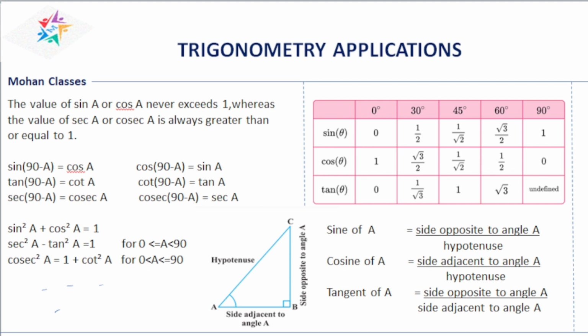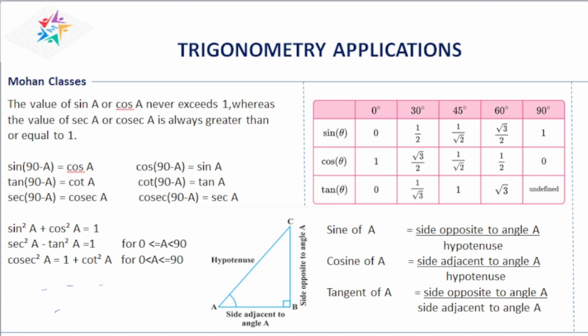Here in this diagram, you can see the hypotenuse, adjacent side and opposite side of angle A. So here one angle will be 90 degrees, like in the Pythagoras theorem. Here hypotenuse means the distance. In this application, we have to see the distance from the observer to the point where he is looking.